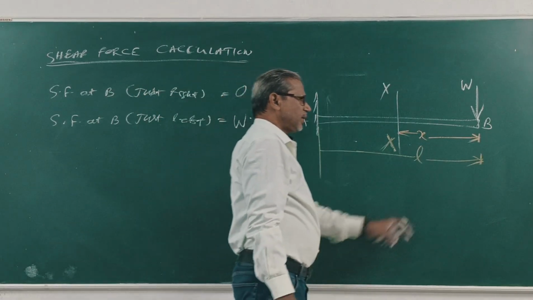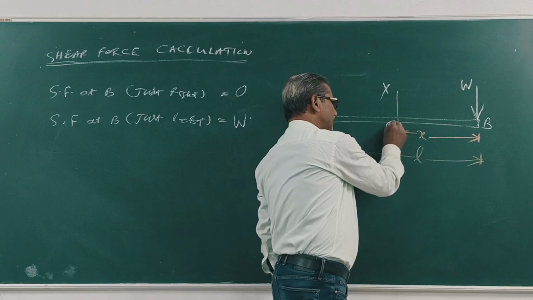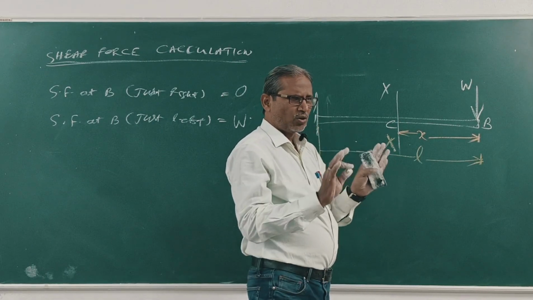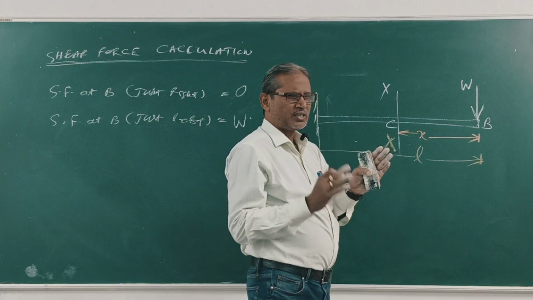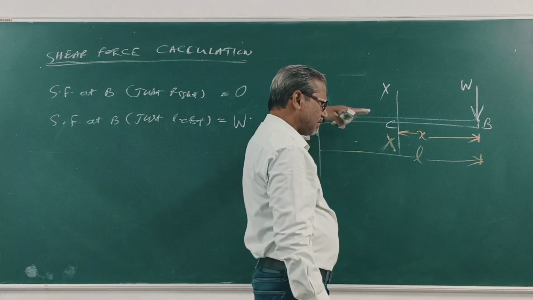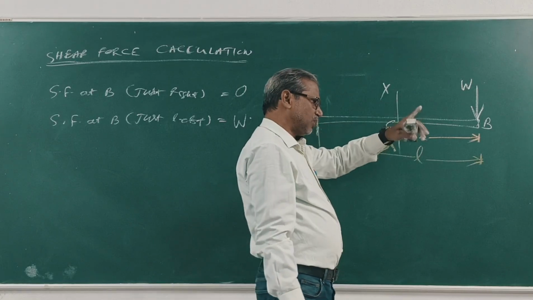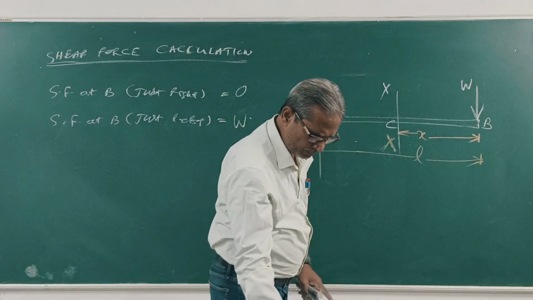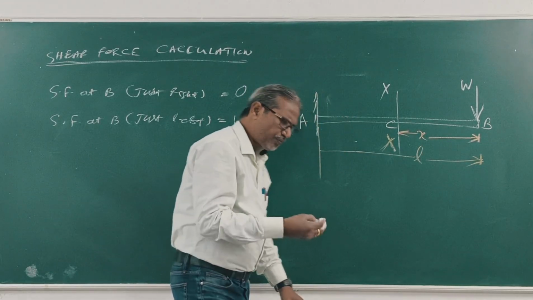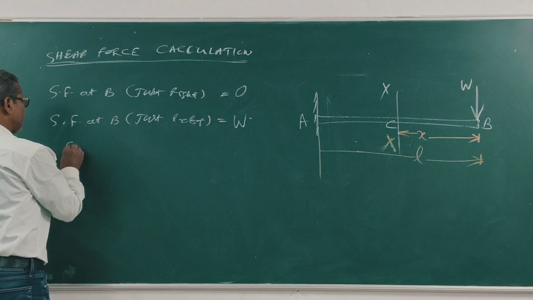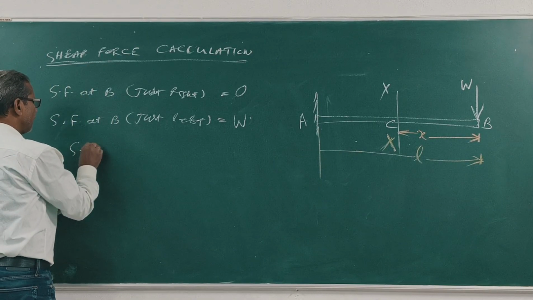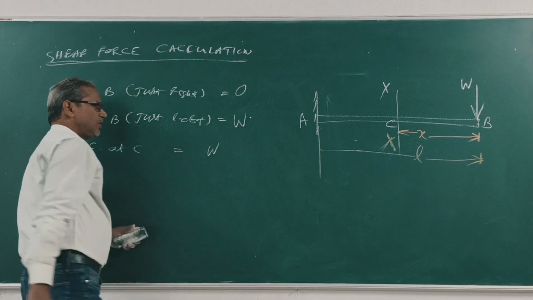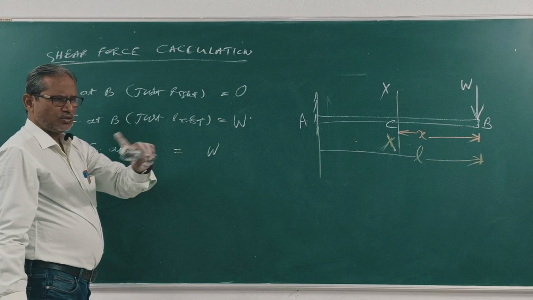Similarly, between B and C, there is no load. So, when there is no load between two points, the shear force remains constant. That is represented by a straight line. So, shear force at B just left means shear force at C. Shear force at C is equal to W. From C to A, there is no load.